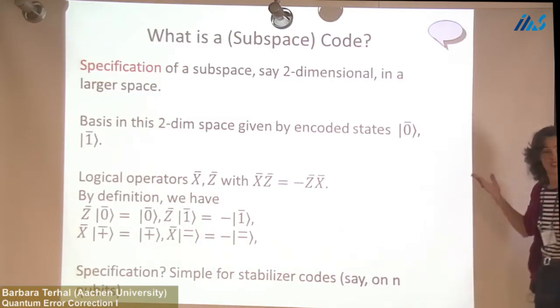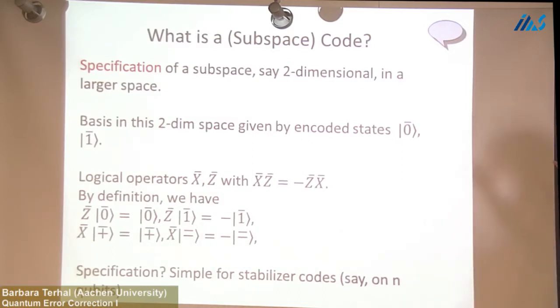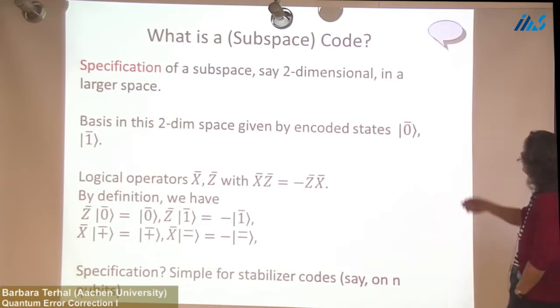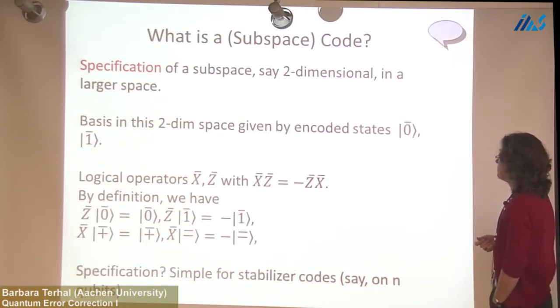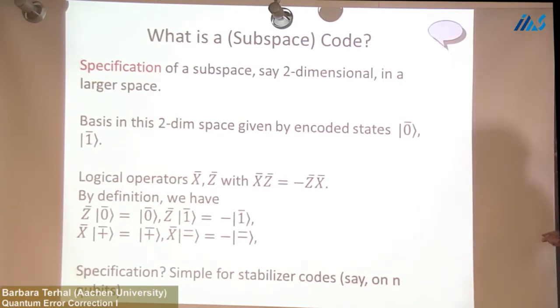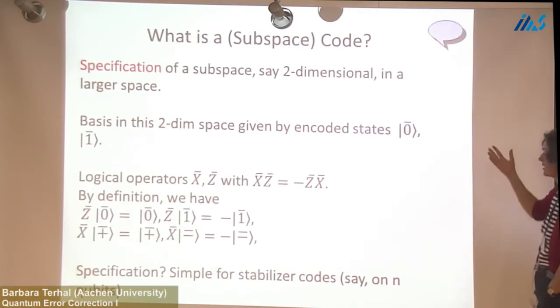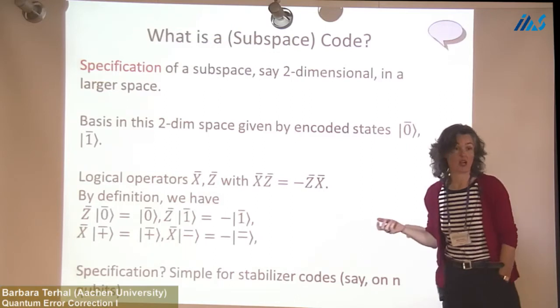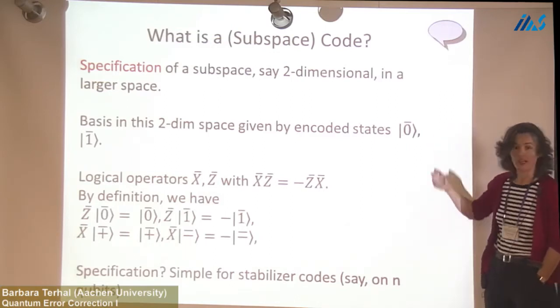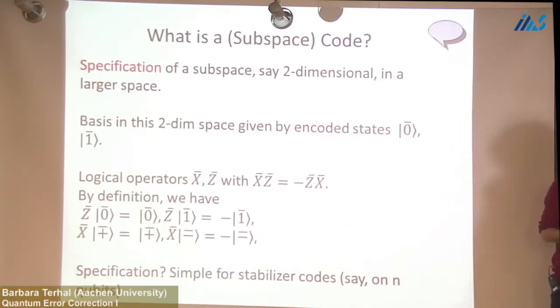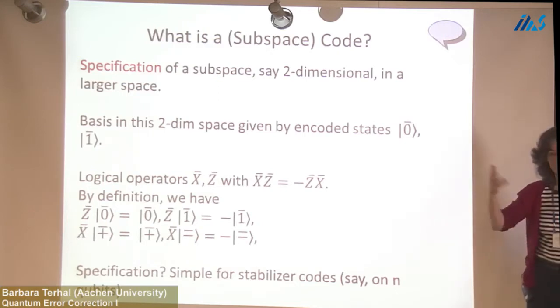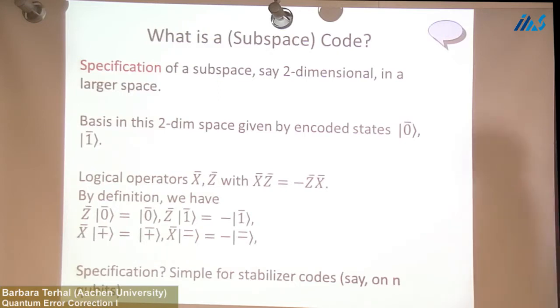That is how I define a code. It's very simple, just some subspace. Could also be a three-dimensional subspace or something. But then, if this is a subspace in an n-qubit space, its specification may be very cumbersome, for example, if I had to write down what these vectors look like, because in general, they're highly entangled states of n qubits.